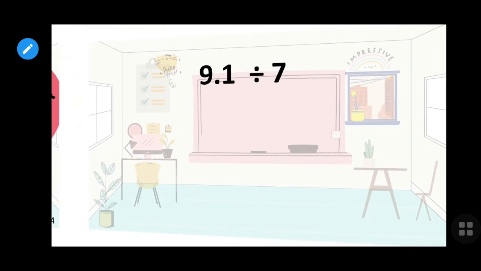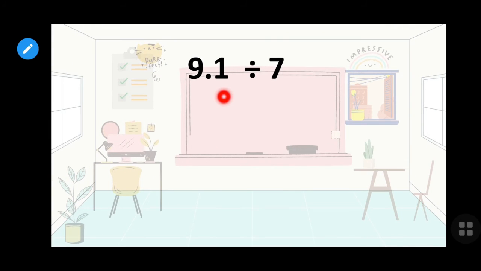We'll see. Now the whole sum contains a decimal number. Okay, this 9.1 is a decimal number. This is the dividend. But the divisor is not a decimal number. So we don't have the hassle of making this into a whole number because the divisor is already a whole number.